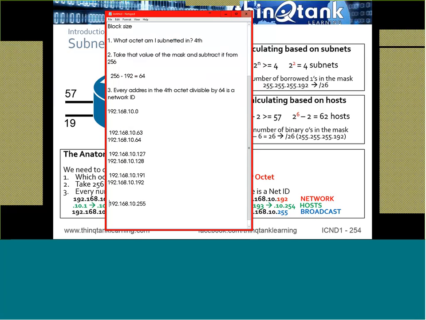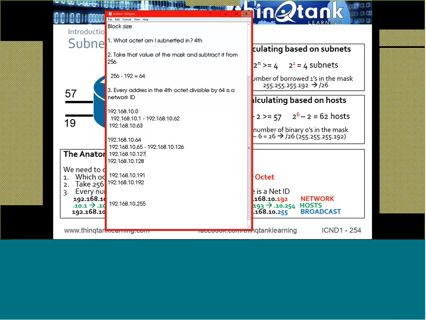And by the way, if I know what the network ID is, and I know what the broadcast ID is, what else do I know? You know your range. I know my assignable address range. The assignable address range is everything in between: 192.168.10.1 through 192.168.10.62. So that is network number 1. Network number 2, 192.168.10.65 through 192.168.10.126.